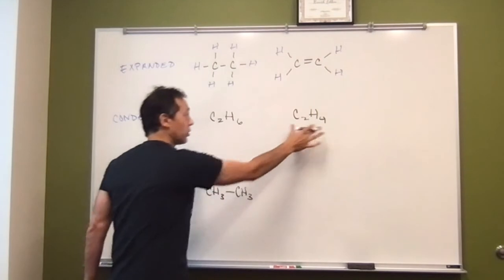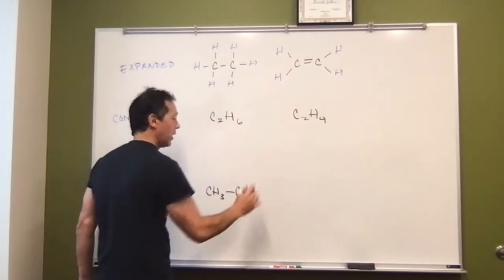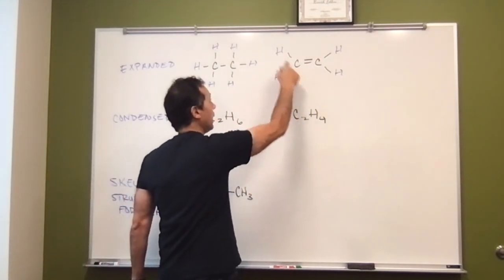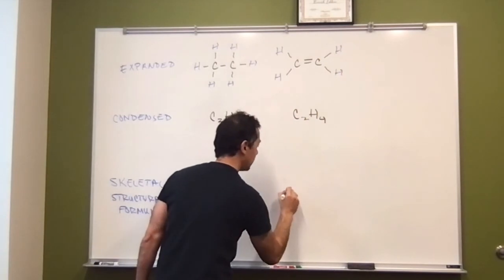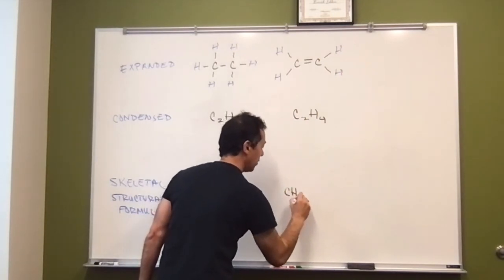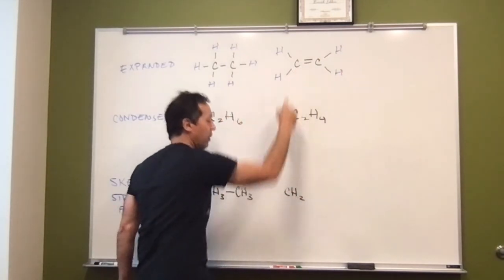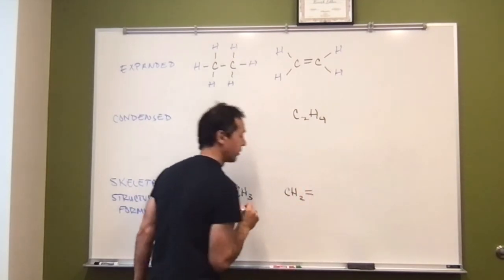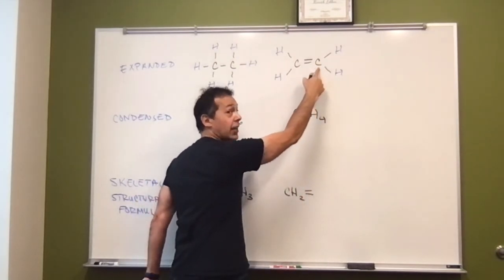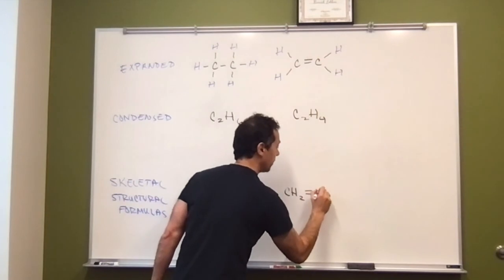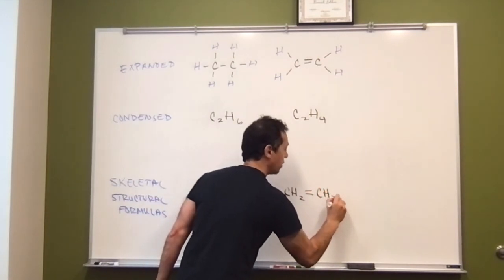Now, if we take a look at this one, we would have CH2, and then there's the double bond, attached to a carbon with 2 hydrogens, CH2.